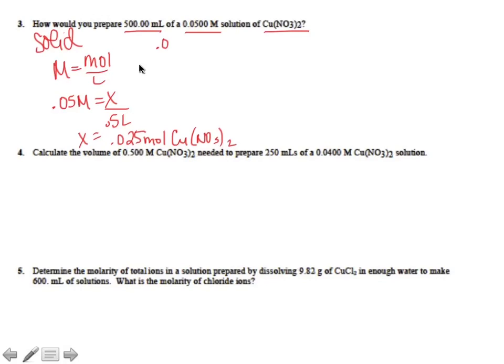So 0.025 moles of copper 2 nitrate, and we're going to multiply that by, for every 1 mole, what's the molar mass of copper 2 nitrate? What'd you get? I got 187. That's what I got, 187.57 grams. So tell me, how many grams do we need?